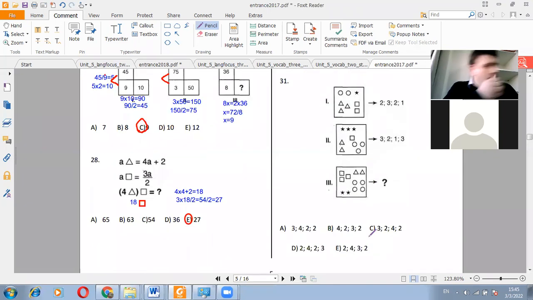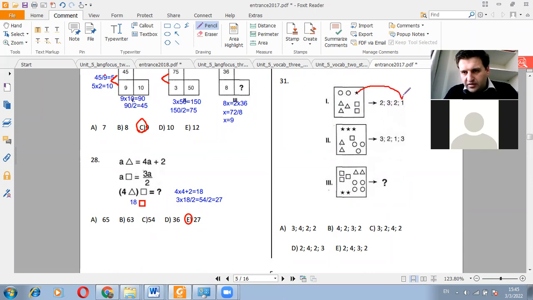Question 31. Again, we have symbols and numbers. So each symbol here represents one of the numbers here. What is obvious from here, we know that you see there are 2 squares, 2 circles, and 3 triangles, and a star.